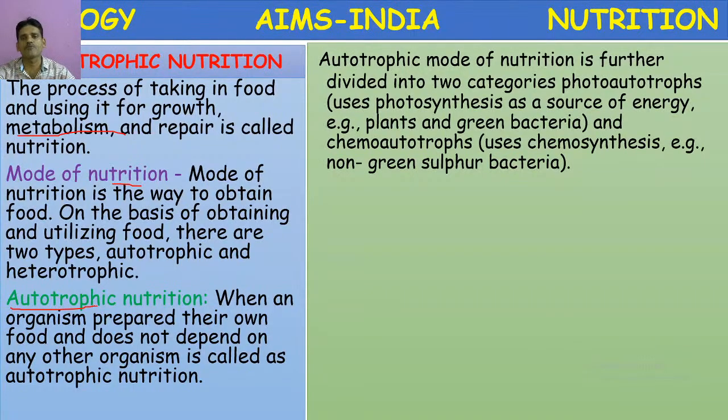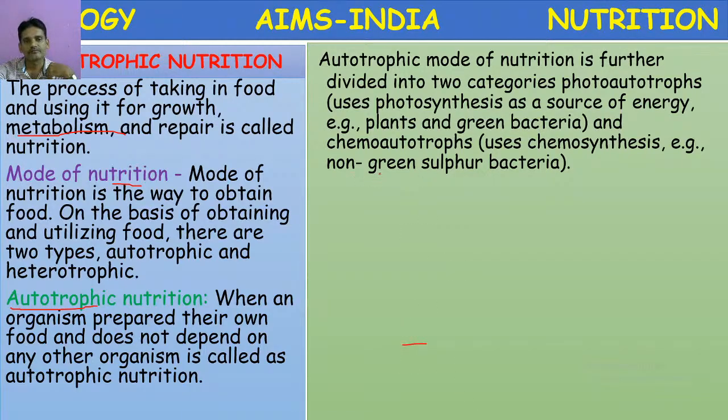The autotrophic mode of nutrition is further divided into two categories, depending upon how the energy is available to the organism to prepare its own food. One is photoautotrophs.